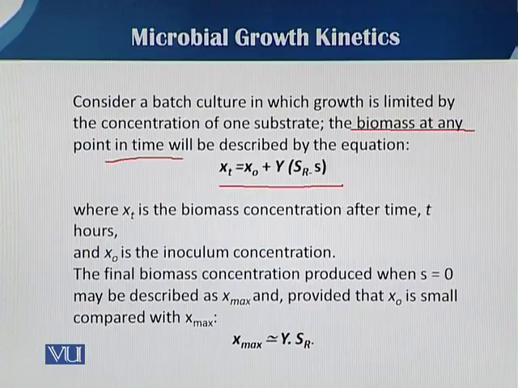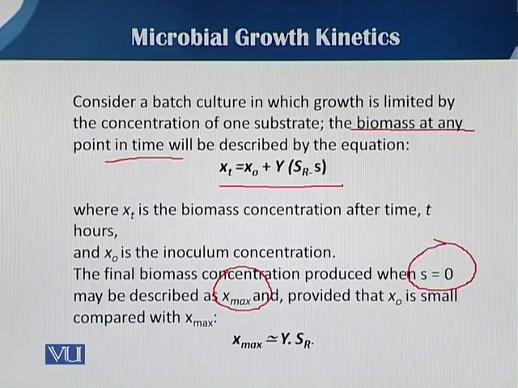So we can say that S is equal to 0. In that condition, when the residual substrate becomes 0 and there is no more availability of that substrate, we can say that maximum growth is achieved, so no more increase in the biomass. At that time, maximum biomass has already been achieved.